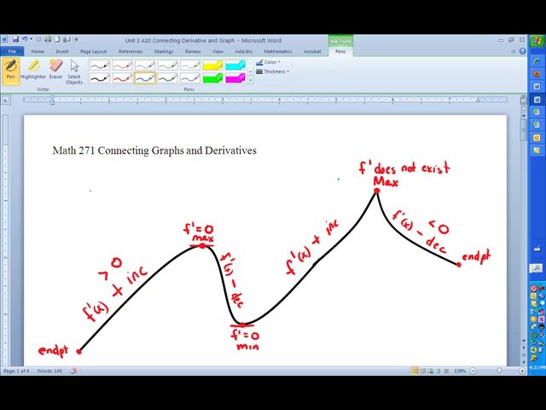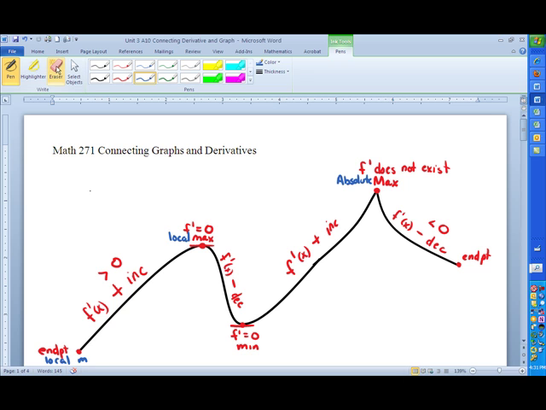This guy over here is going to be our absolute max because it is the highest maximum of everything. This other max is what is called a local max because it is the highest point in that area. Likewise, this endpoint would be a local min.